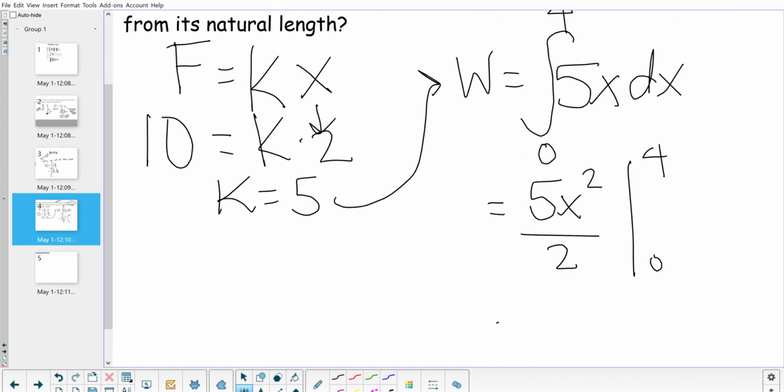Okay, and that is then 5 times 4 squared, which is 16, but 16 divided by 2 is 8, so 5 times 8 is 40. And then technically minus 0. So this would be 40 Newton-meters.